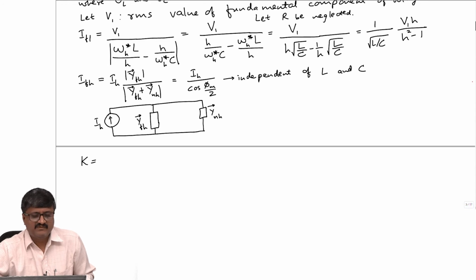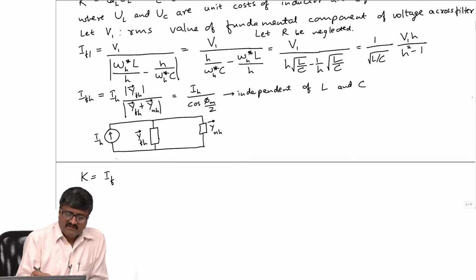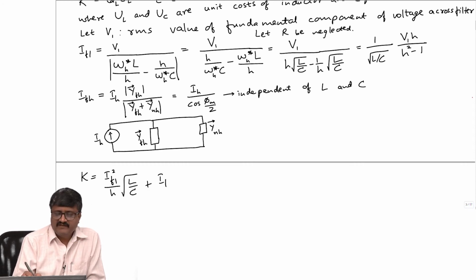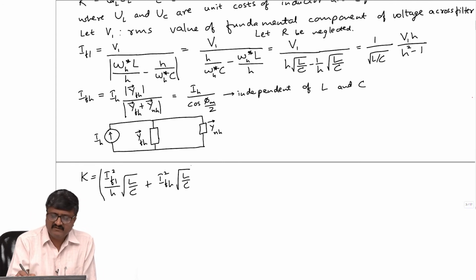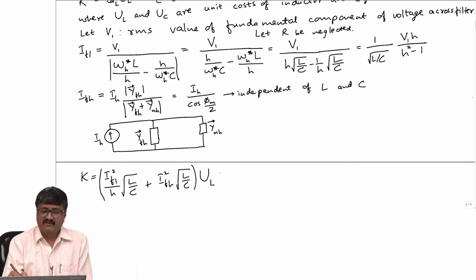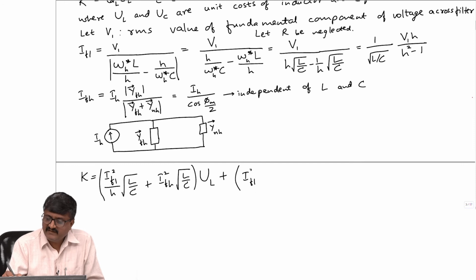Okay. So, let me just give a few more steps. It is I of 1 squared by H into root L by C plus I of H squared root L by C. This is QL, this should be multiplied by UL plus the reactive power rating of the capacitor, which is I of 1 squared H into root L by C plus I of H squared into root L by C, into UC.